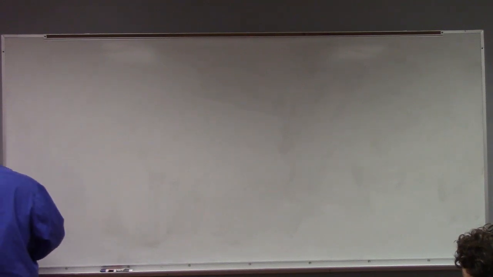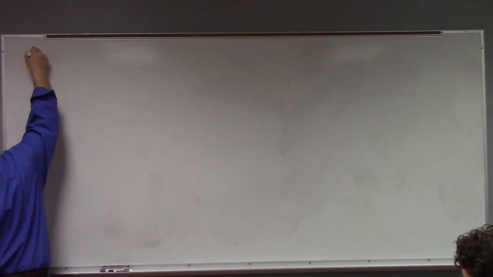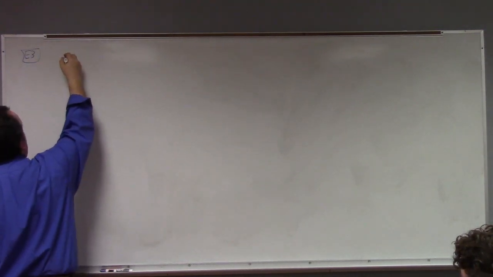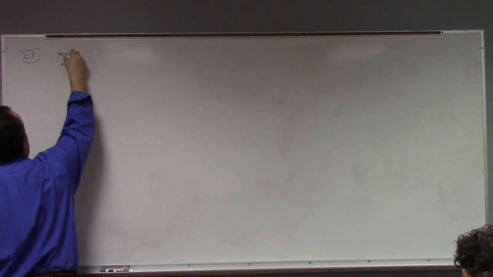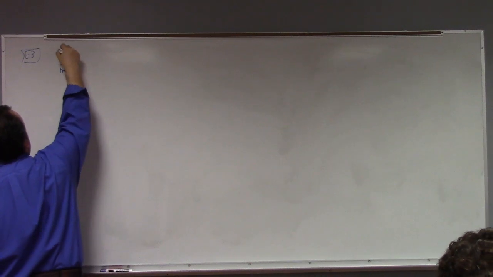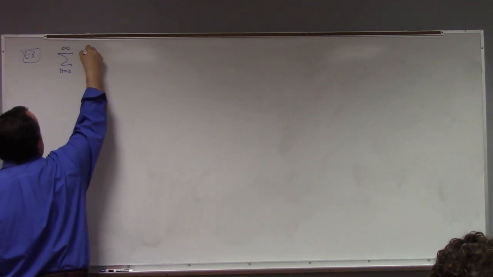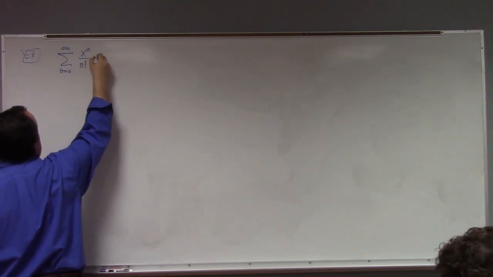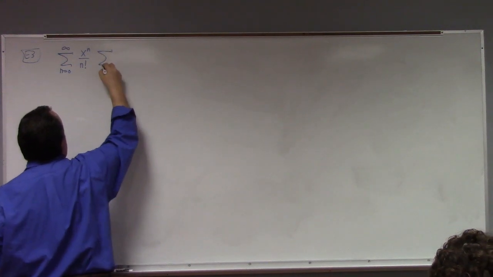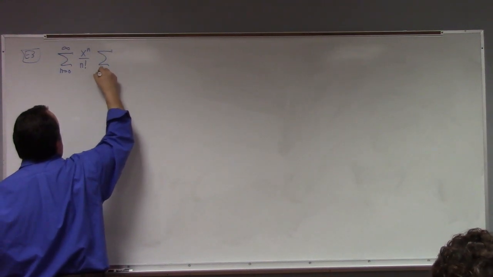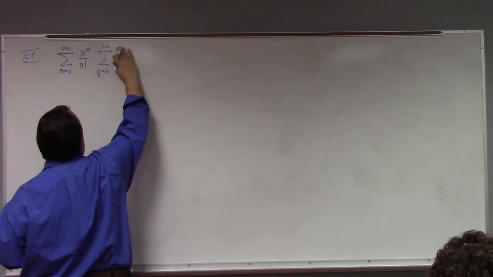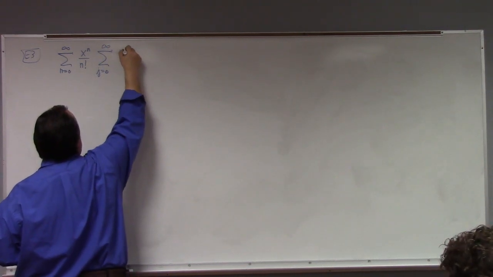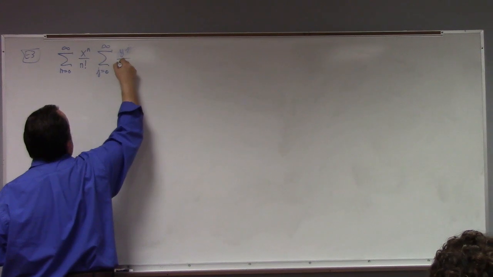So my example 3 for today, I want to multiply the sum n equals 0 to infinity of x to the n over n factorial times the sum, let's say j equals 0 to infinity of y to the j over j factorial.